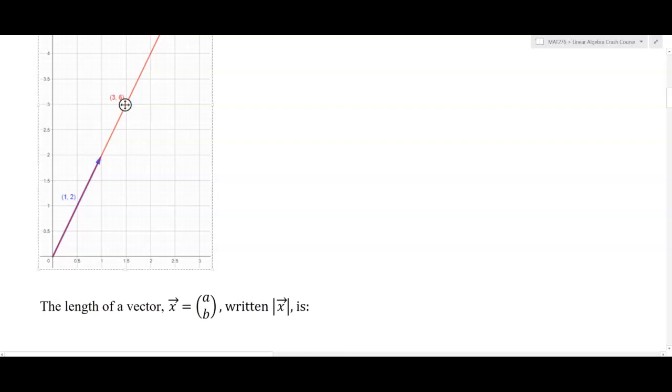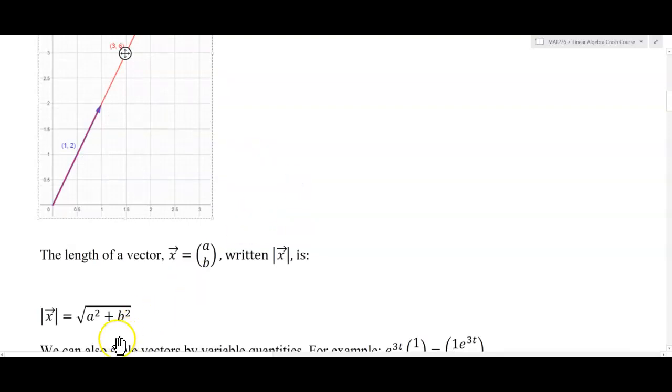And so to find the magnitude of a vector, it's equal to the square root of its components squared. To see why that's the case, if you look at this vector here and you triangulate it, you make a right triangle where its 2 sides are its x component and y component. This component is 1 unit long. This component is 2 units long. We can think about this as the hypotenuse, and we know from the Pythagorean theorem that the sum of the squares of the sides equals the square of the hypotenuse.